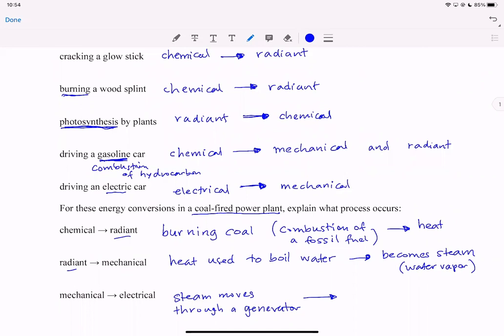Okay, and when it moves through a generator, this generator is connected to some magnets and will generate electrical energy.